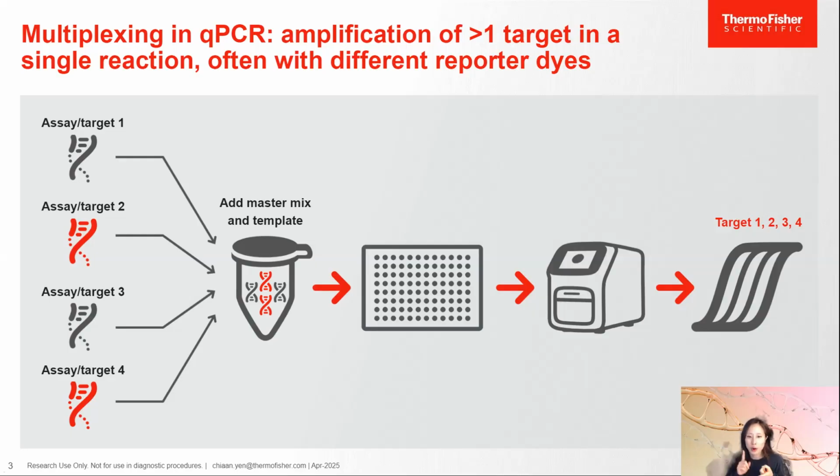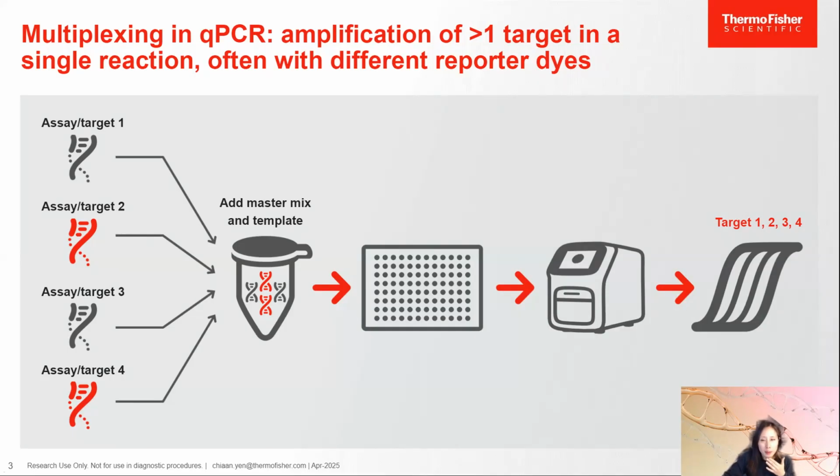So one set of primer and probe for one target in a single well on the plate. And so for multiplexing, you are increasing the number of targets. So instead of one set of primer and probe, you're increasing that up to 4 or more, as you wish.